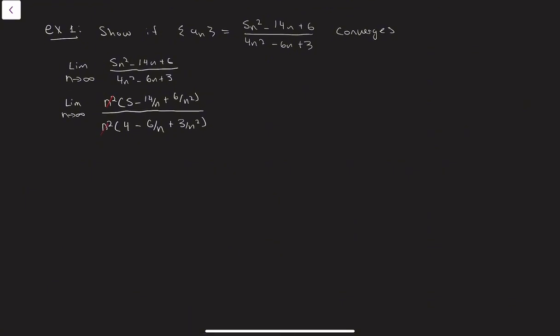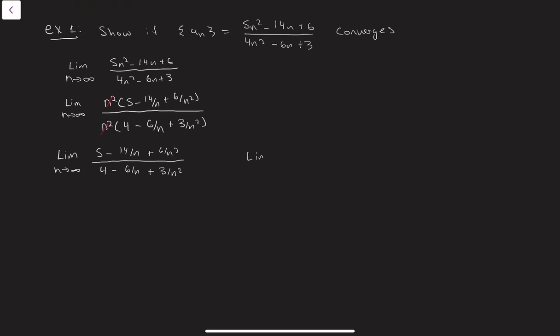Great, that makes our life easier. So again, we'll have our limit as n approaches infinity, and we'll write it in this new form: 5 minus 14 over n plus 6 over n squared all over 4 minus 6 over n plus 3 over n squared.